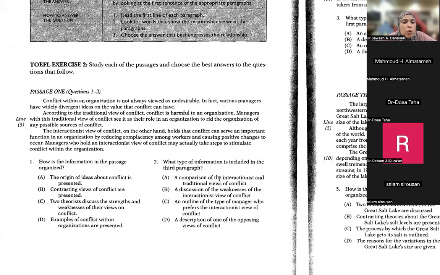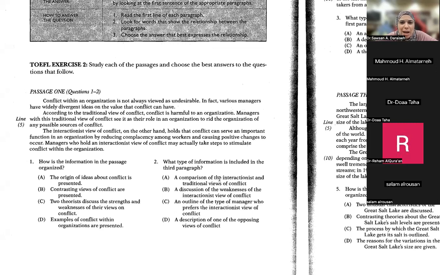We human beings will not always agree on things, but as human beings, we should find a humane way to deal with conflict, okay? Not a way which is animalistic, which works with some and destroys others, right? So conflict within an organization, like at work maybe, is not always viewed as undesirable.